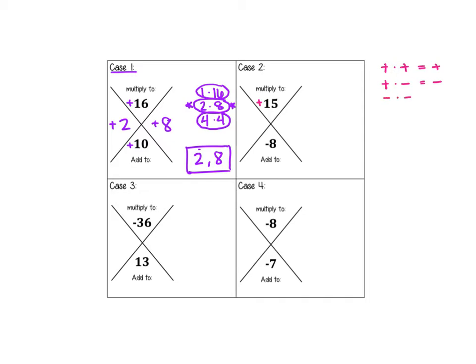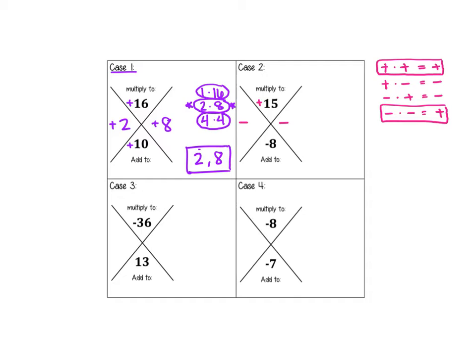A negative times a positive is a negative. And a negative times a negative actually made a positive. So in order to multiply to a positive, it either has to be a positive and a positive or a negative and a negative. Since it has to add up to a negative, that must mean that both of the numbers are negative.